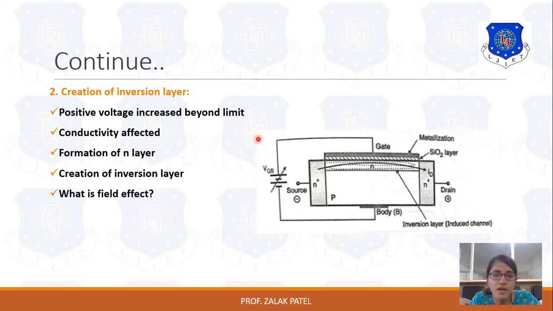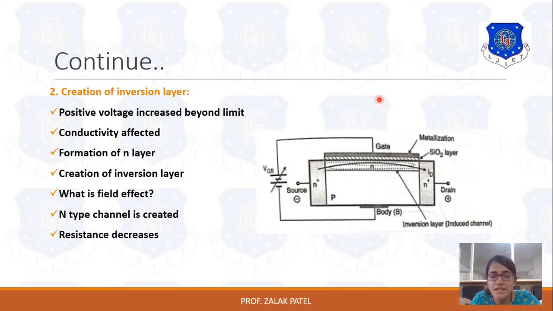This n layer is created because of the more number of electrons; it is called the inversion layer, and its creation with applied external voltage is called the field effect.